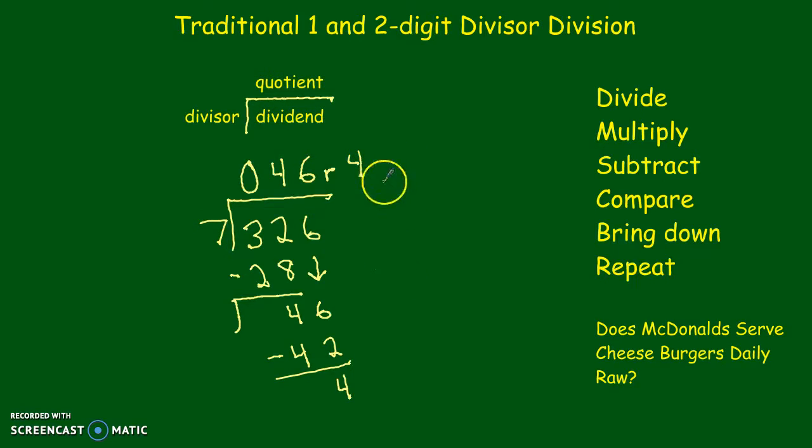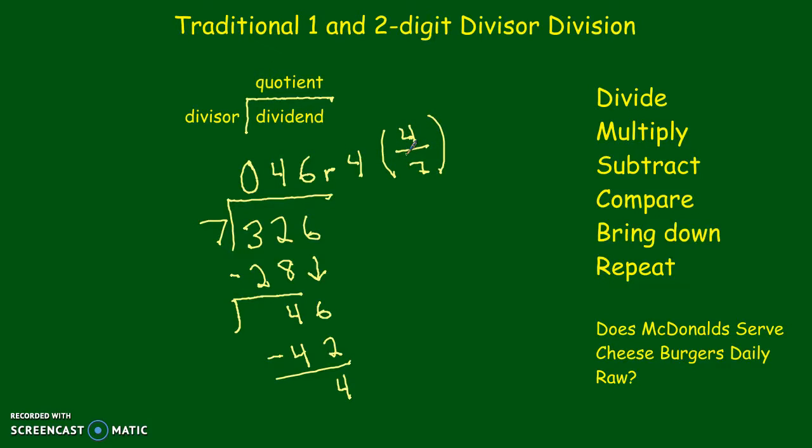And if you're asked to record it as a fraction, your 4 would be the numerator, the top number in a fraction, and then the divisor is going to be that bottom number. So depending on what your teacher is asking, you might record it just as a remainder, or you might record it as a fraction.